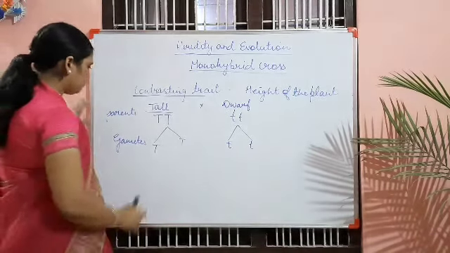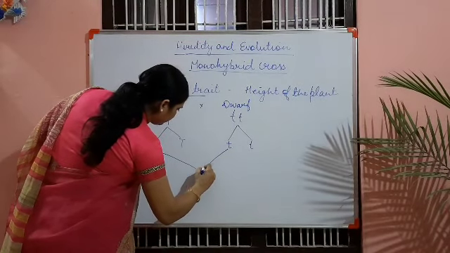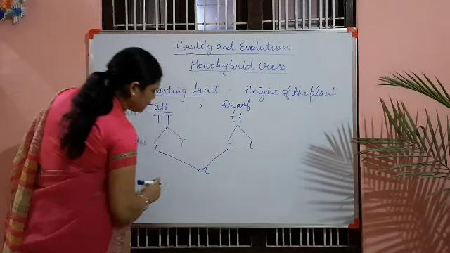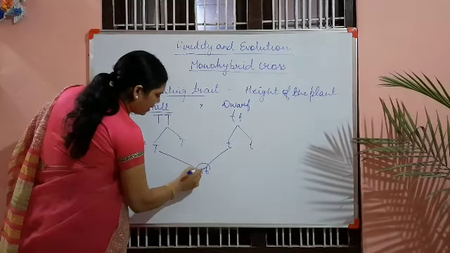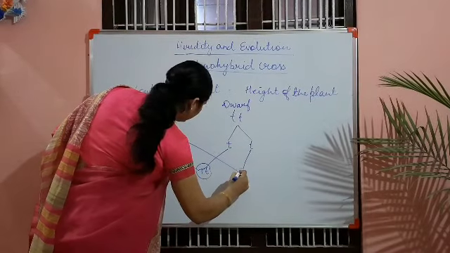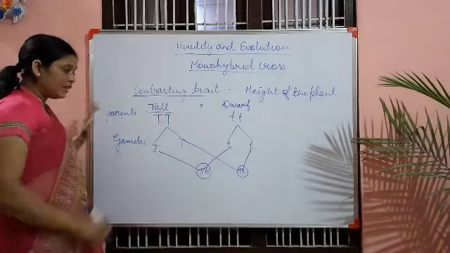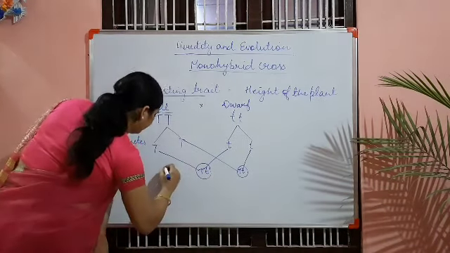Then what happens when this capital T combines with small t? Capital T and small t is formed. And the same, if this one combines with this, capital T, small t is formed. Okay, this is F1 generation.